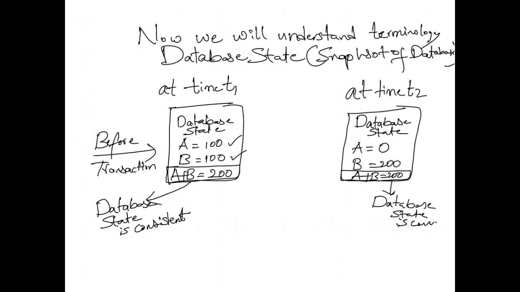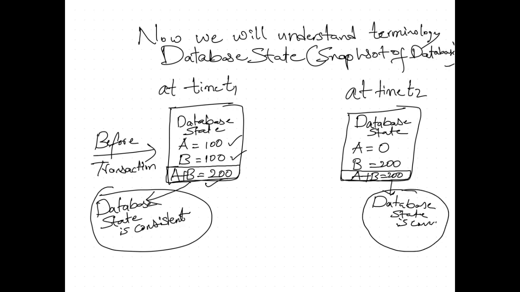Before the transaction my database state is consistent, and after the transaction also my database is consistent. If my database state is consistent before and after the transaction, what does it mean?